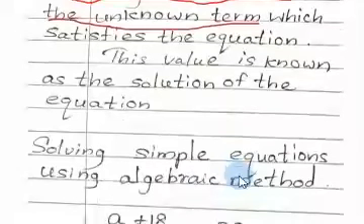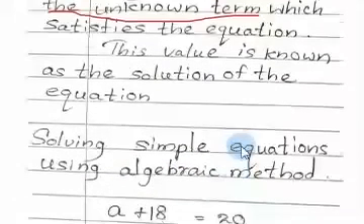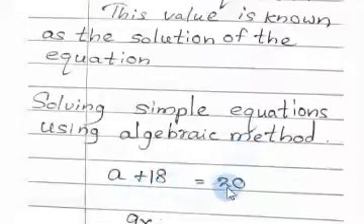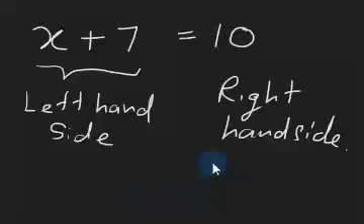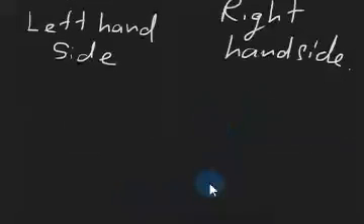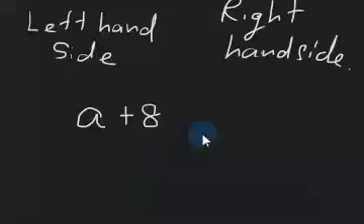Okay. We'll see how to solve this simple equation, that is a plus 8 equal 20. We will solve this equation. It's very easy. a plus 8 equal 20.